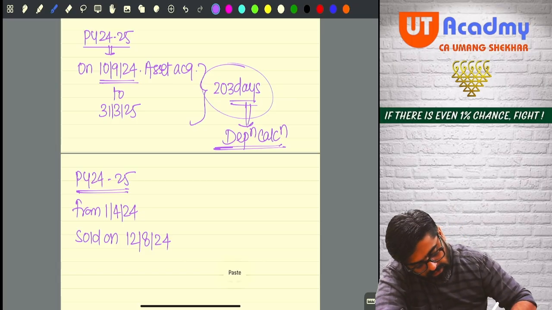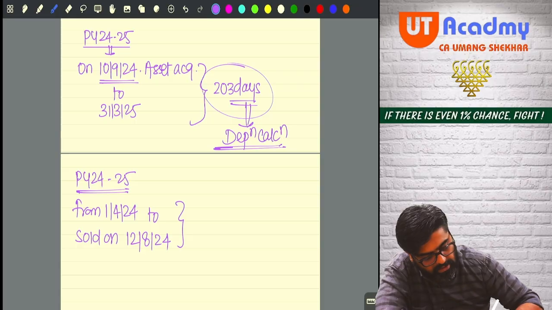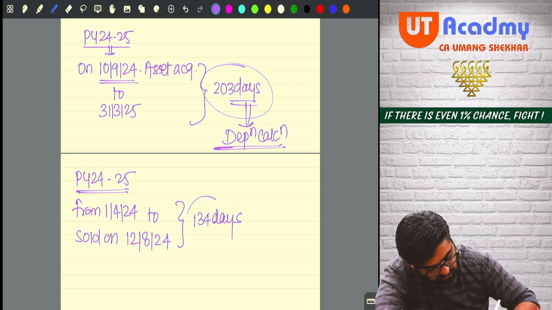So can I say 1st April to 12th August will be April, May, June, July and August 12. Can I say 134 days the asset was used?